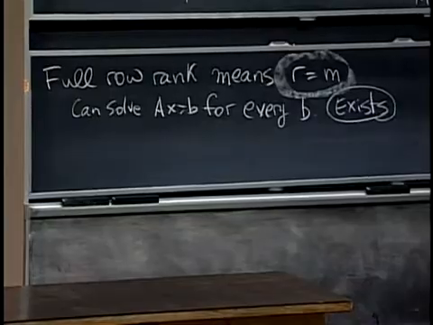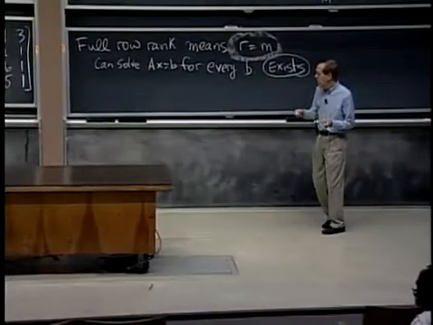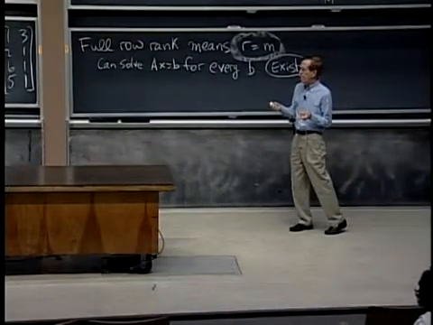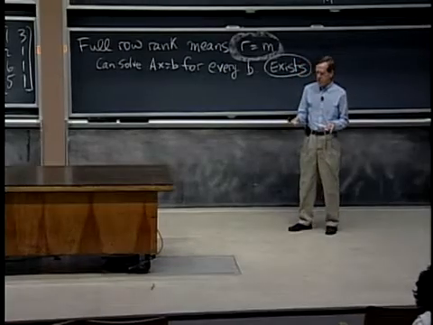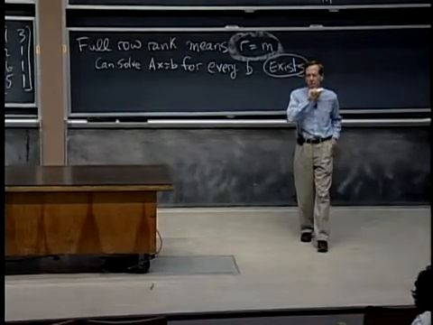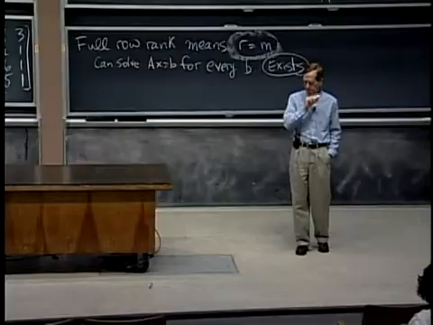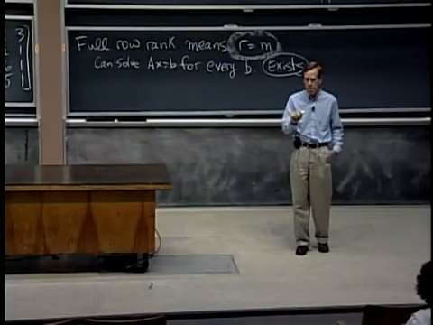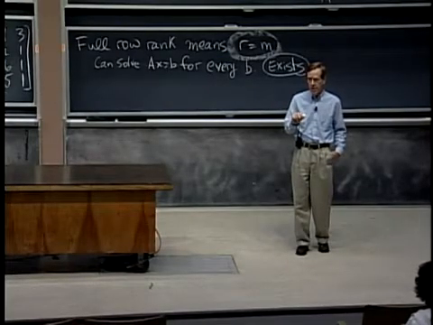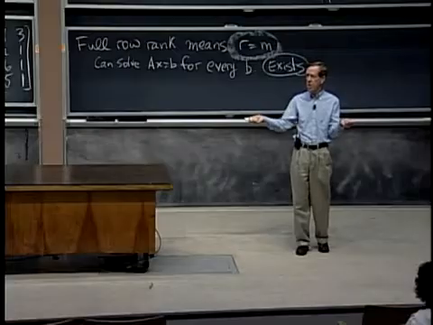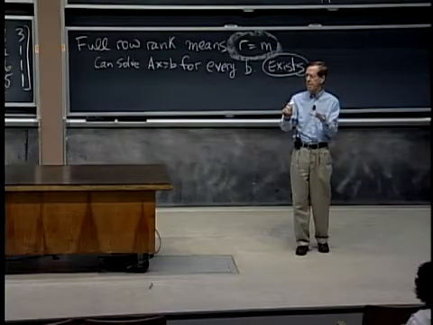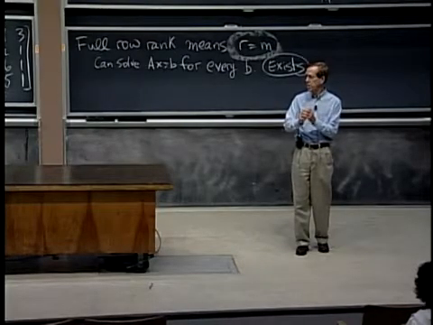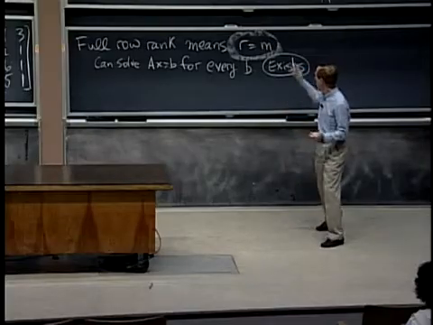Now tell me, so every row has a pivot in it. So how many free variables are there? How many free variables in this case? If I had n variables to start with, how many are used up by pivot variables? R, which is m.